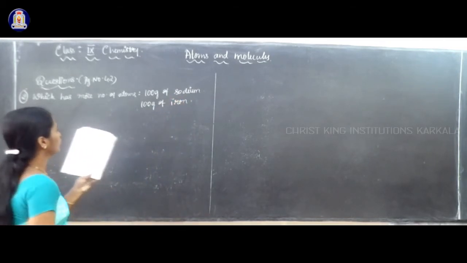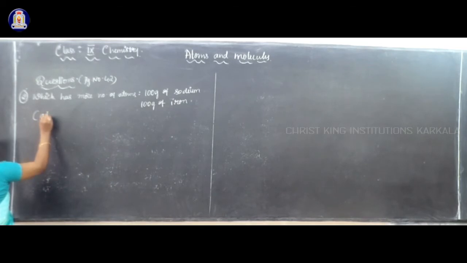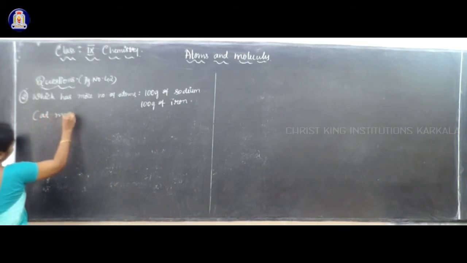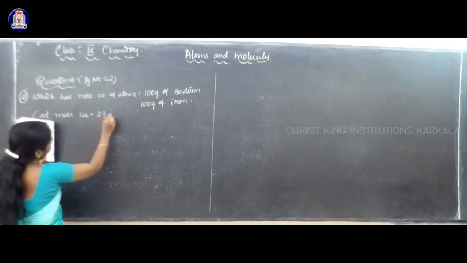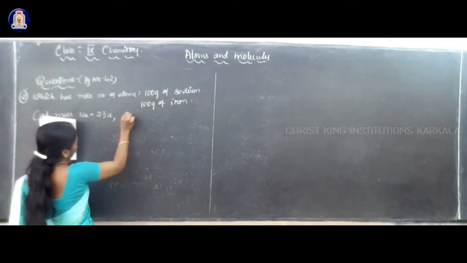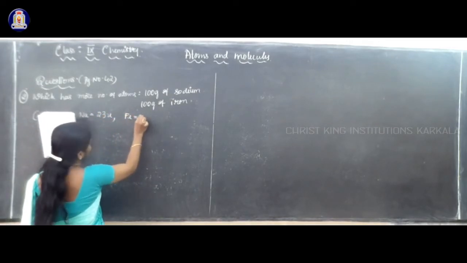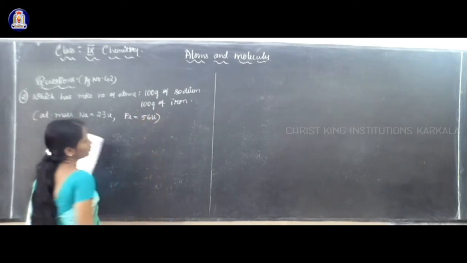The atomic mass of sodium is given as 23 atomic mass unit and iron 56 atomic mass unit.